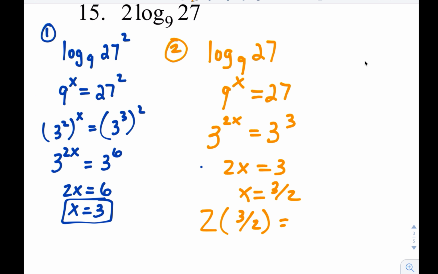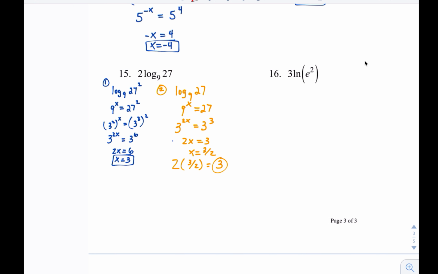So 2 times 3 over 2 is just 3. Obviously you can see we got the same answer. You don't need to do it both ways. You can do one or the other, whatever's easier for you guys. The first way uses a property of logs, which we're going to get into probably within the next week, and the second way is just simplifying. So whatever is more convenient for you.